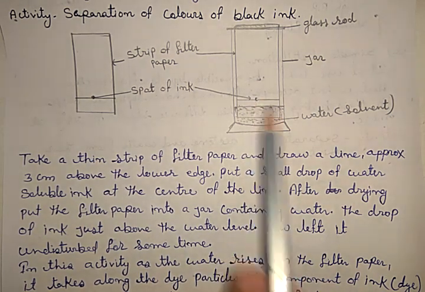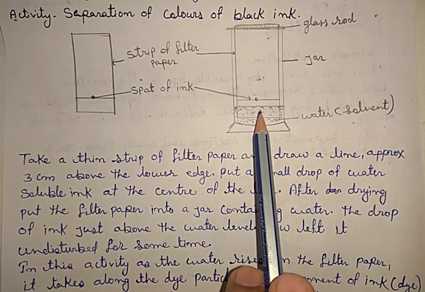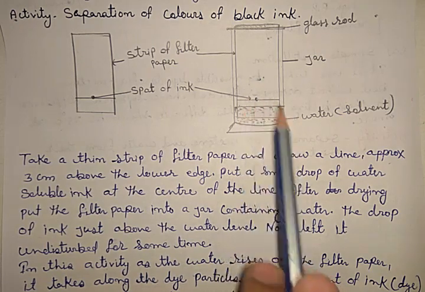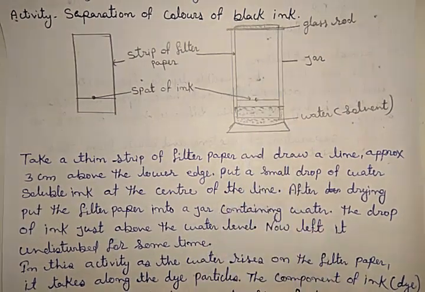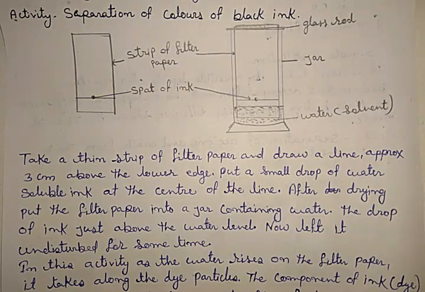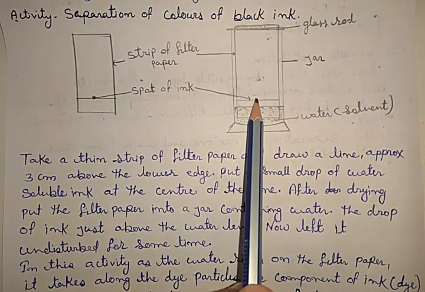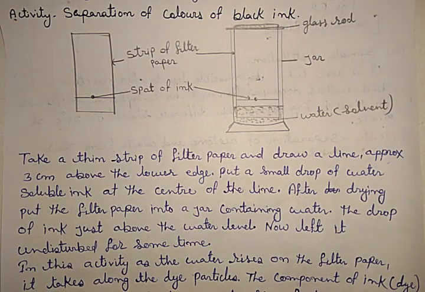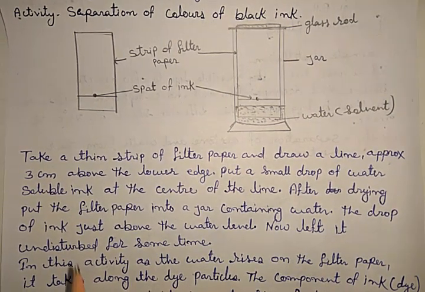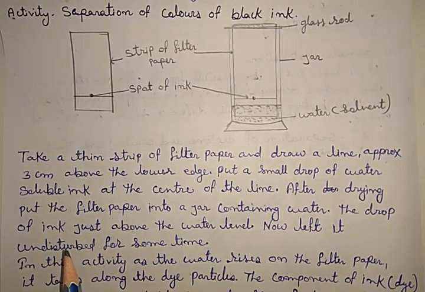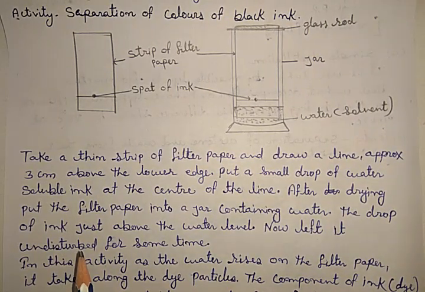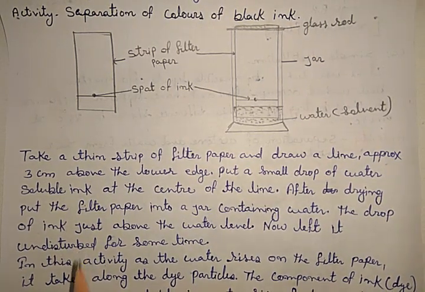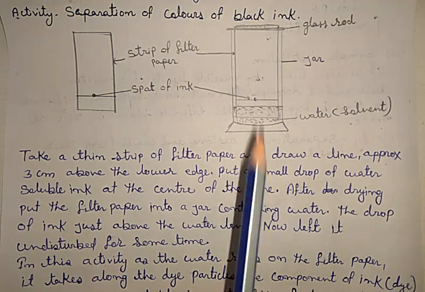Do not submerge it in the water, because if it is submerged, then it will dissolve there and not rise with the water. So it should be just above the water. Okay. Now leave this setup undisturbed for some time.